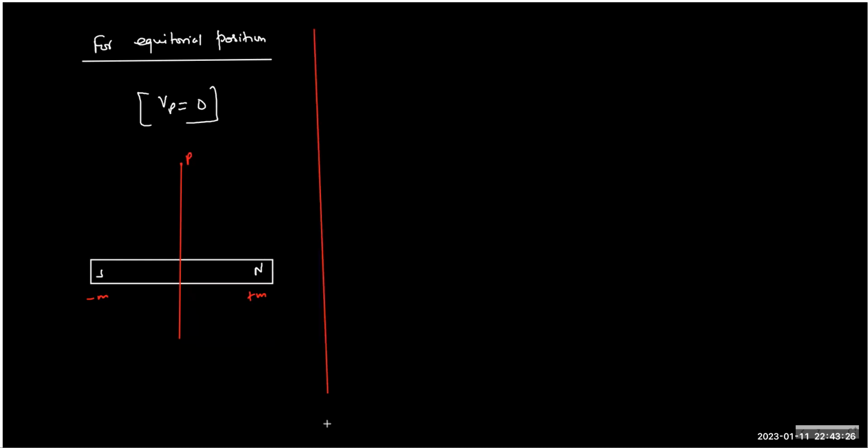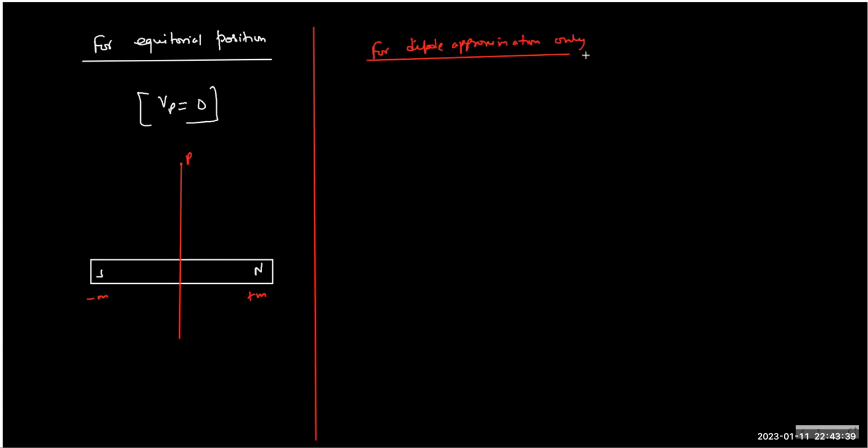We do have a again, for dipole approximation only. What we should remember for dipole approximation only: if I have a dipole, a tiny bar magnet, and I'm trying to find the B at some point here, R is much bigger than L, that is already considered.